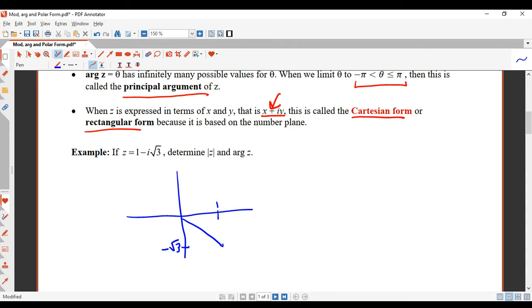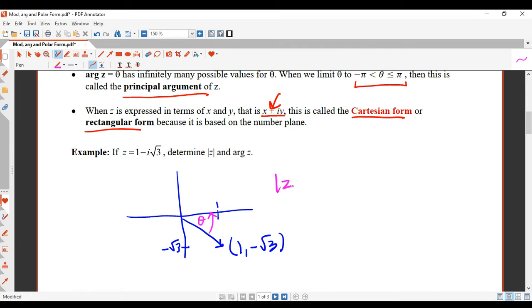That's my complex number represented by the vector. Now, to find the argument, we need to look at the angle that makes with the positive x-axis. So we're looking at that angle there, theta.